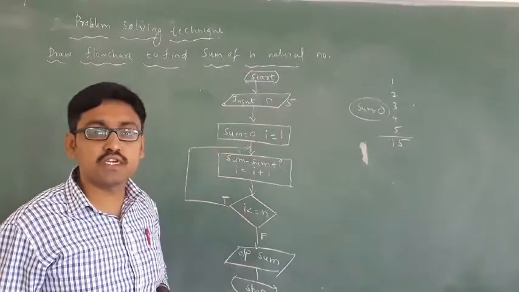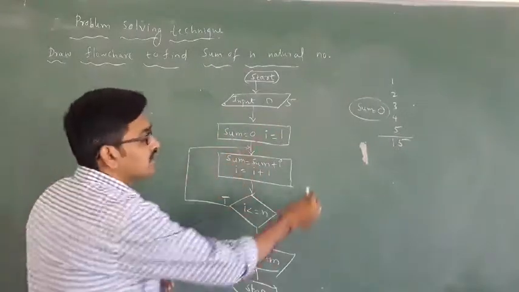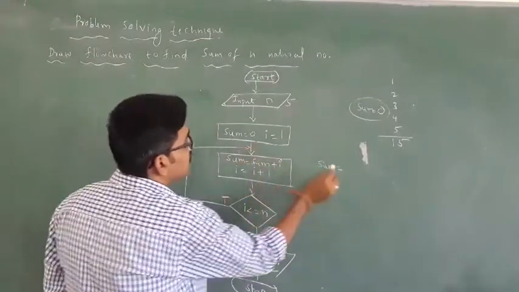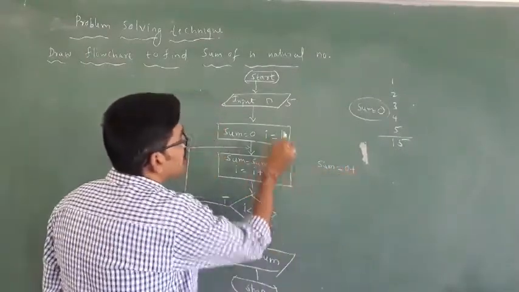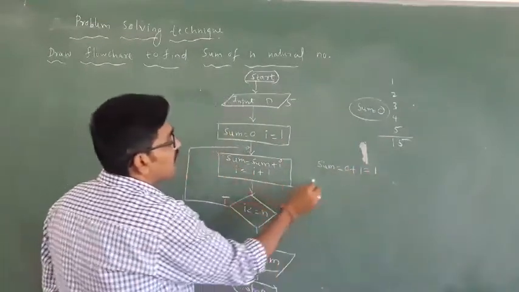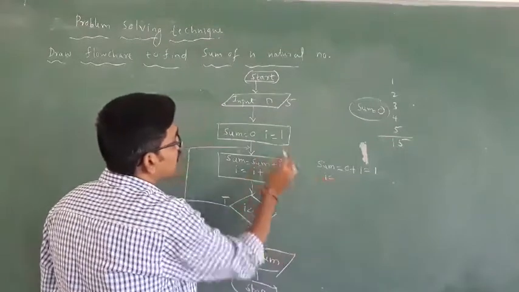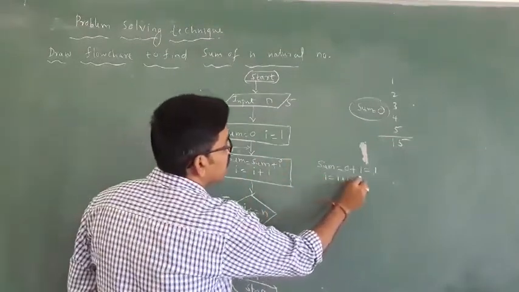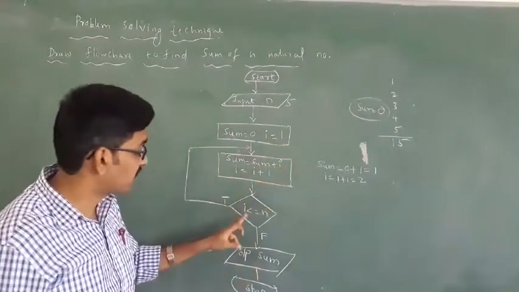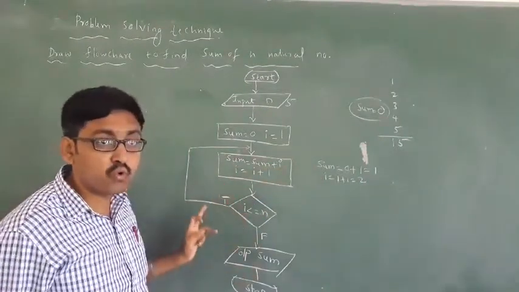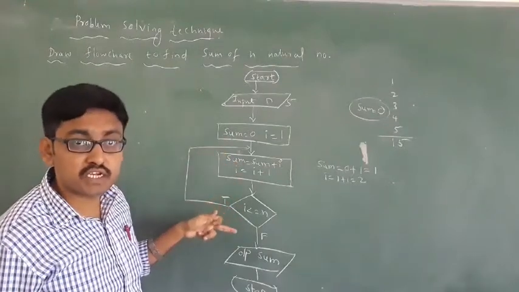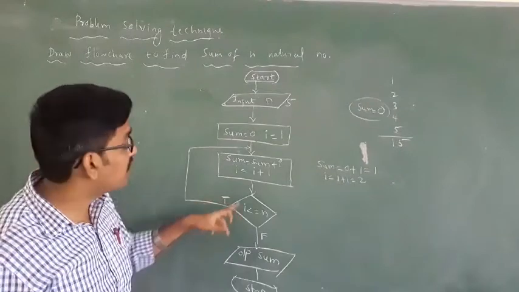See, sum equal to 0, I equal to 1. Now you have to put these values here: sum equal to sum plus I. Sum means 0, I means 1, so the sum becomes 1. Then I goes to I plus 1, which is 1 plus 1 equal to 2. Next, see, this is a do while loop: first the statements, after that the condition is checked.